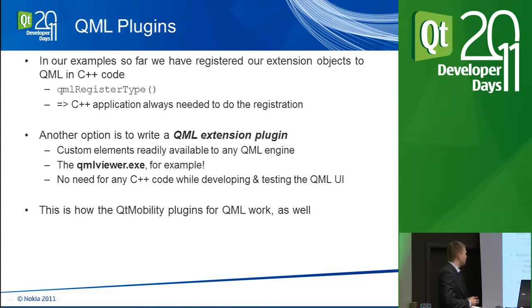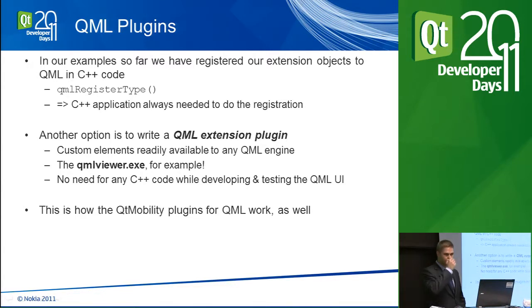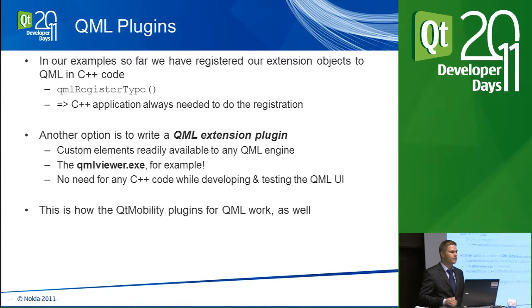This means that we will be able to implement custom-made QML elements that are available for every QML engine that we create. And using this mechanism, we will be able to implement our components so that they are available for QML Viewer as well. QML Viewer was the tool that we can use to preview our QML UI without the actual C++ application.